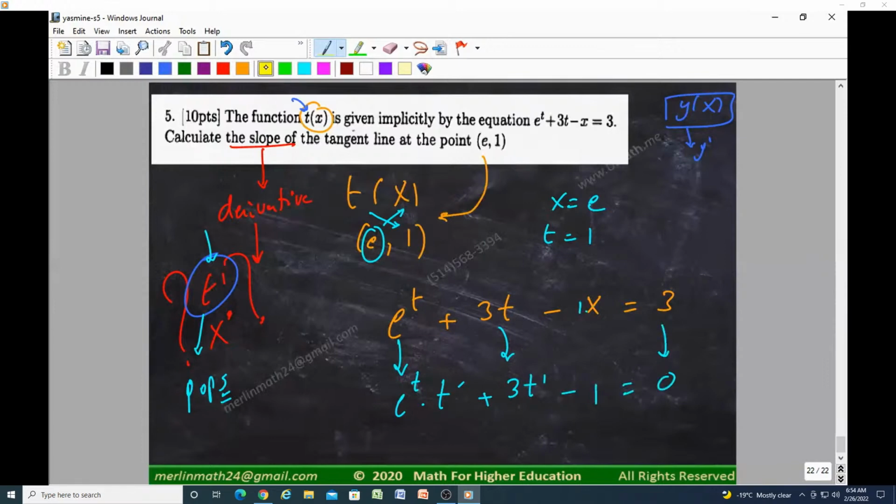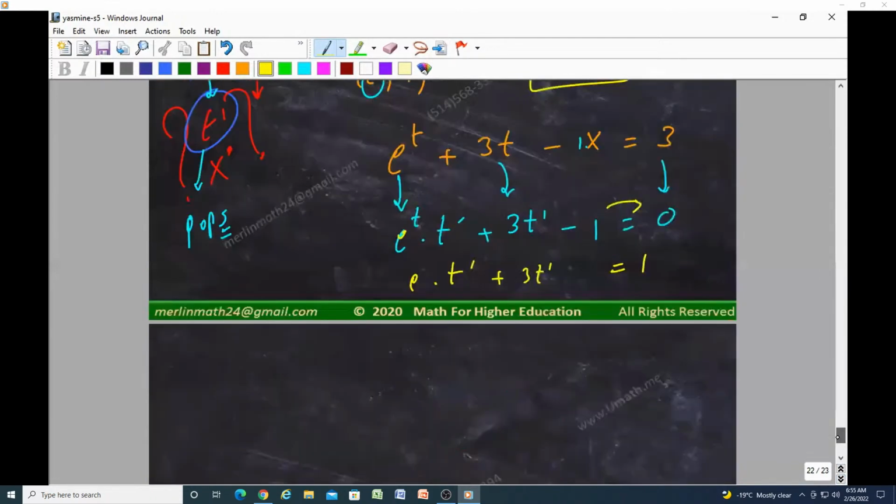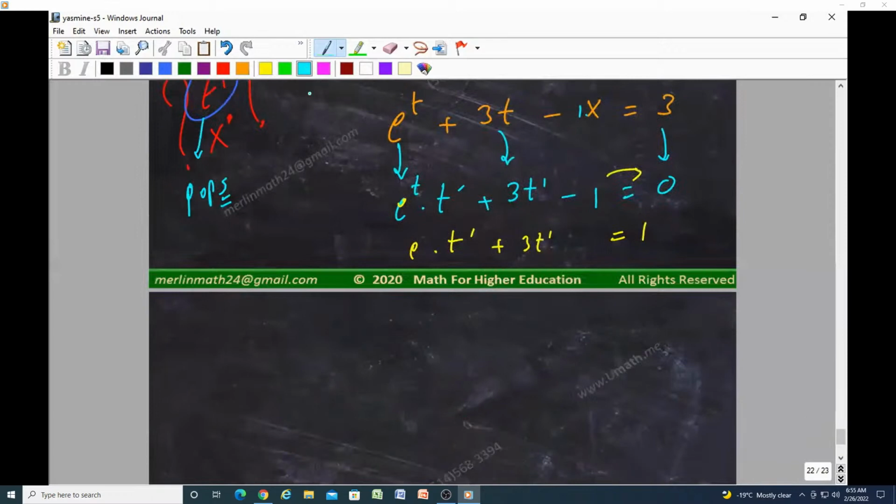Now we replace numbers. So x is e. I don't have x in the answer, by the way. It's all t equal 1. So this is e times t prime plus 3t prime. Let's kick this equal 1. So they made it an easy curve or easy relation. Anyhow, how much is t prime?